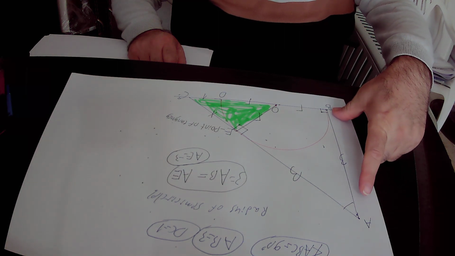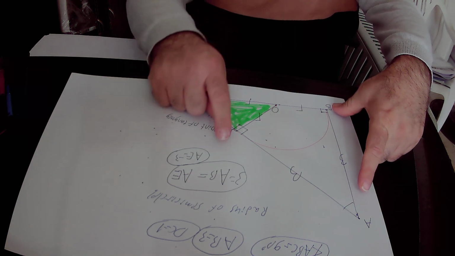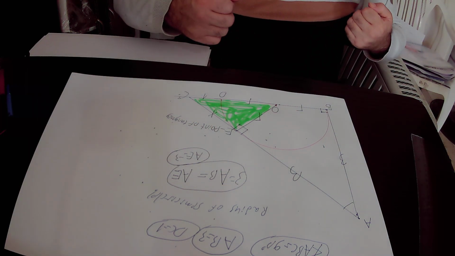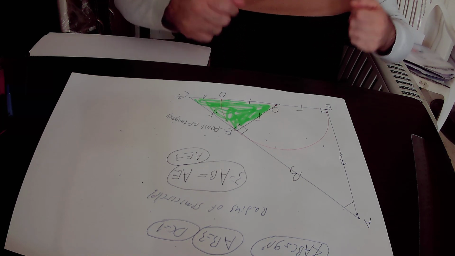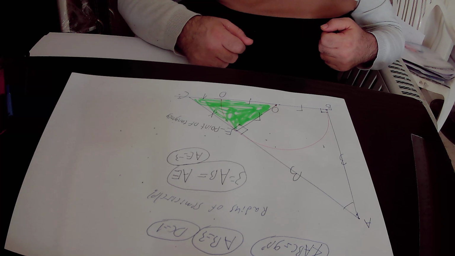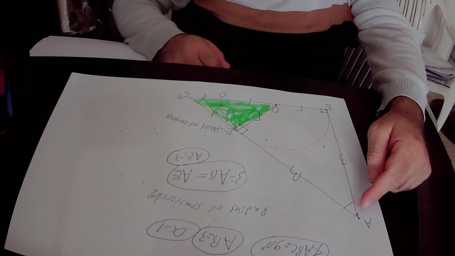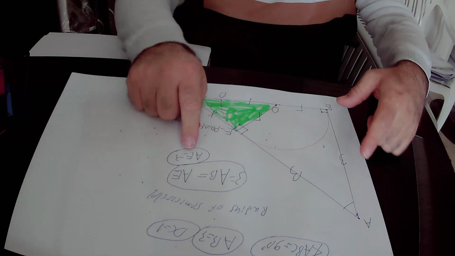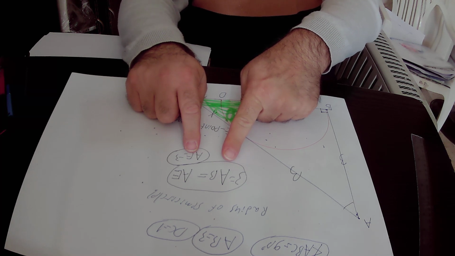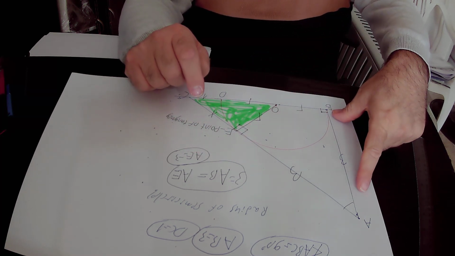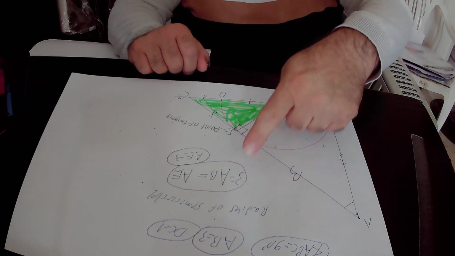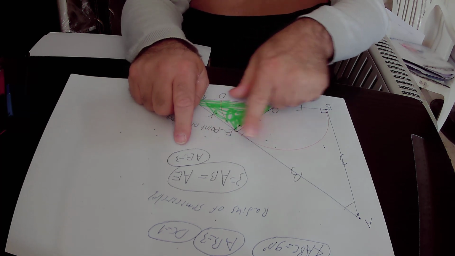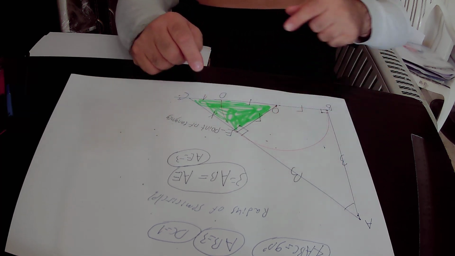The first tangent is AB, whose length is 3 units, and the second tangent is AE. According to the two tangents theorem, AB equals AE. But it is given in the question that AB equals 3 units. Therefore, AE also equals 3 units.